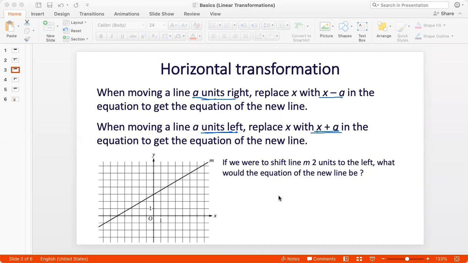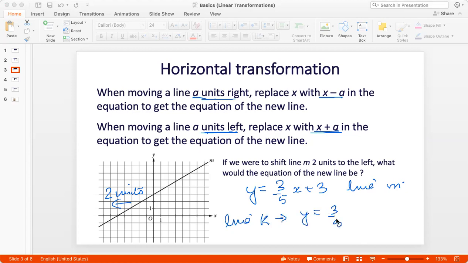For example, if in the same question, I had moved this line M 2 units to the left, then what was my original equation for M? It was y is 3 by 5x plus 3. This was for line M. And if I move it 2 units to the left and get a new line K, then the equation for line K would be y is 3 by 5 times (x plus 2).